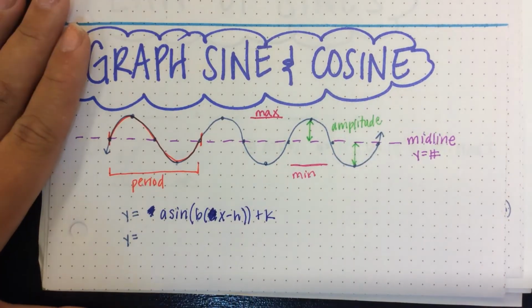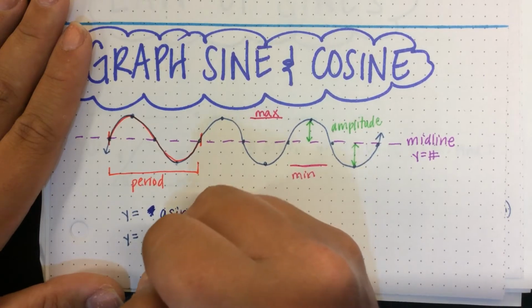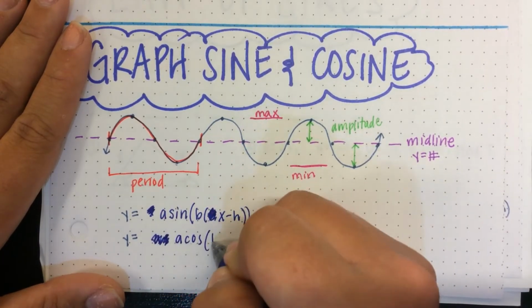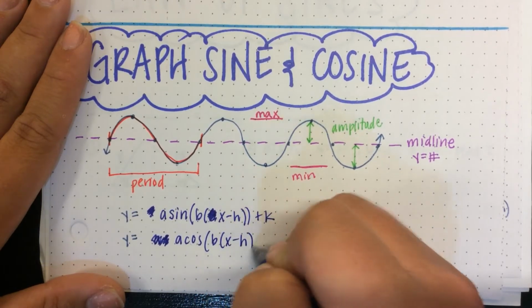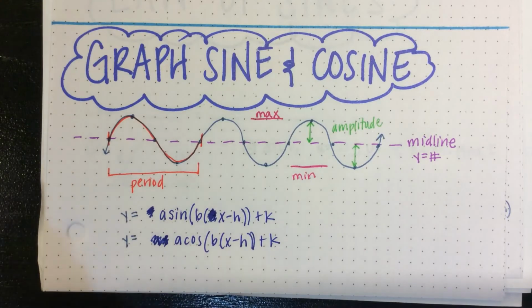Sorry, that was messy. Then I have the other equation, and I'm going to use cosine, so it's the same thing. But we have this equation with a, b, h, and k.